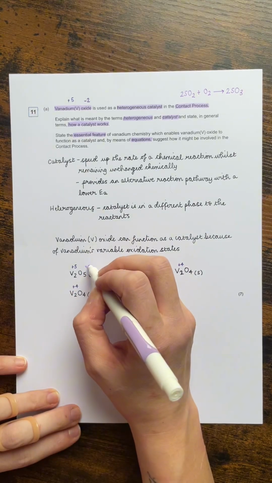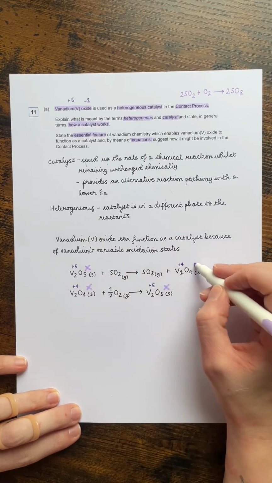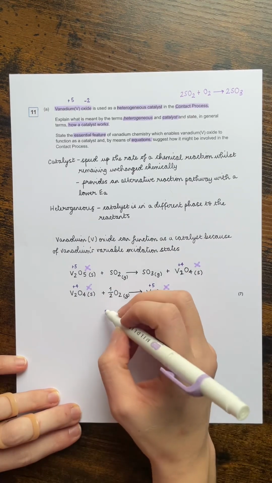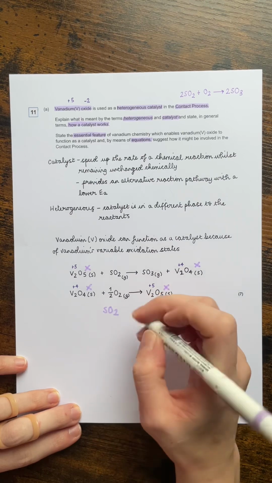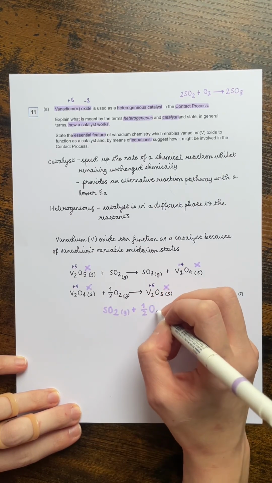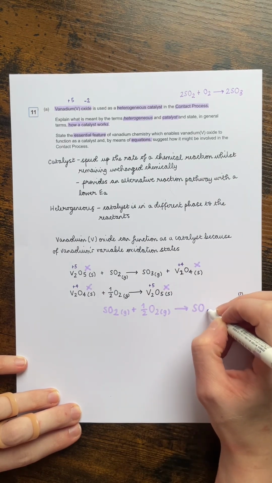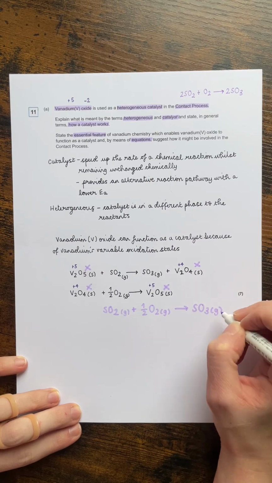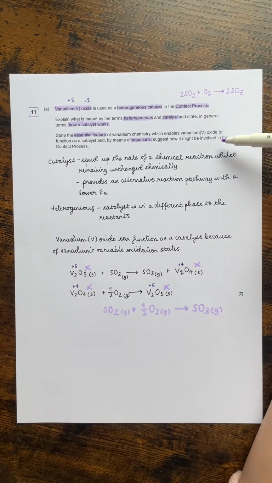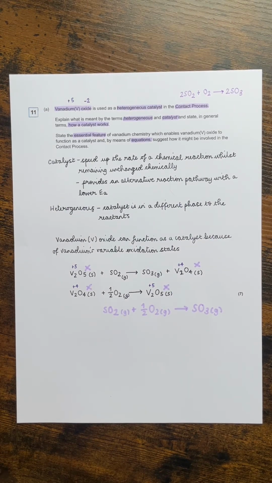I'll just put a little cross there instead. So we'll get rid of those, and then we'll get rid of those, and then we will combine that together to give us SO2 gas plus half O2 gas makes SO3 gas. And that shows how it's involved in the contact process, and that also shows how it's behaving as a catalyst, because we've been able to show that it will cancel from both sides to leave us with our overall equation.